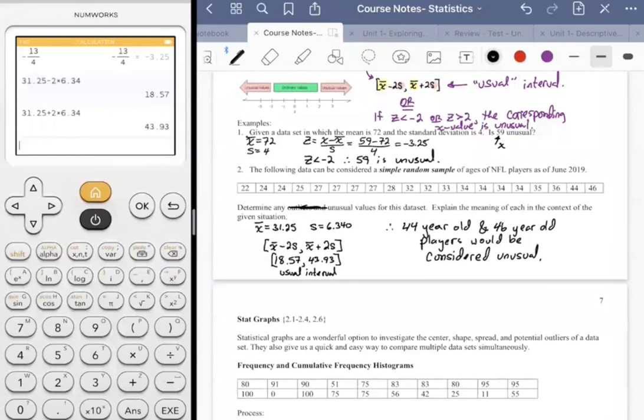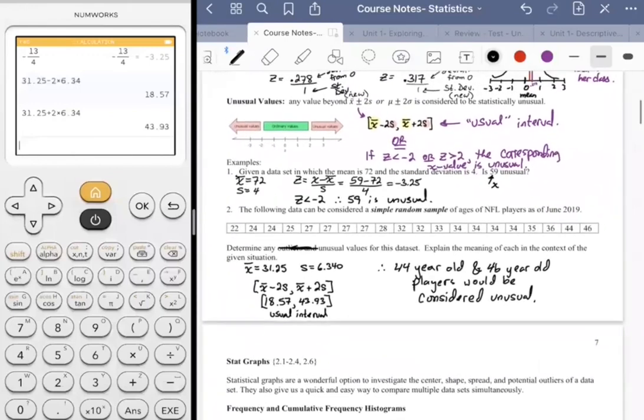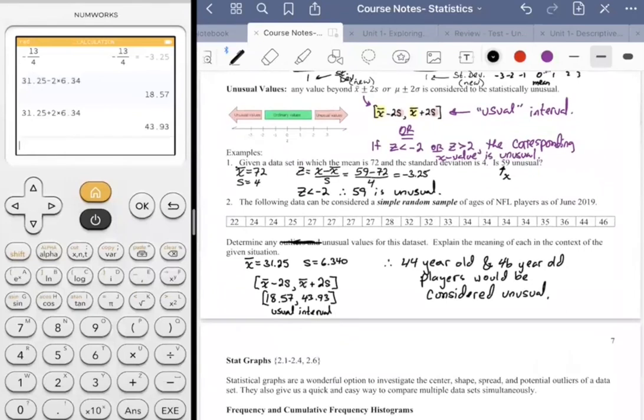All right, so age of people. In which case you look at this and say, okay, based off the data, 44 and 46-year-old players would be considered unusual, right? And then that's where you would leave it. This isn't like a research project or anything like that. Otherwise, every problem would take us an entire class session. So we're going to leave that there.